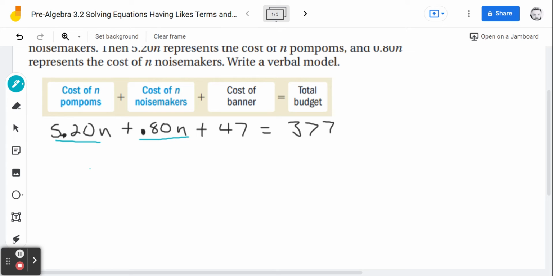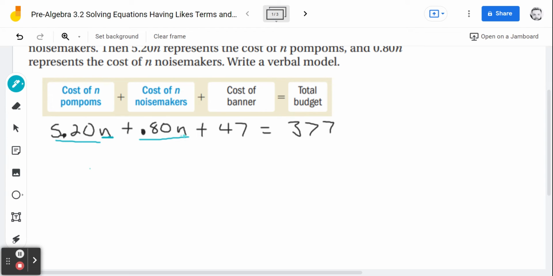No. If I have two pens and three markers and I put them together, I have five pens? No. I have three markers and two pens. And when I put them together, guess what? I still have three markers and I still have two pens. Well, like terms is the same thing. I can only combine the numbers with numbers, and I can only combine the variables with variables.